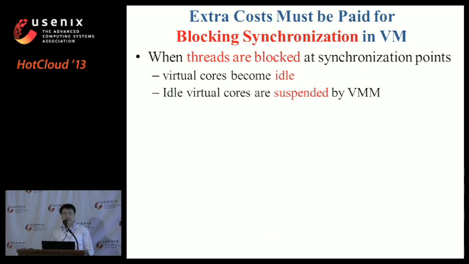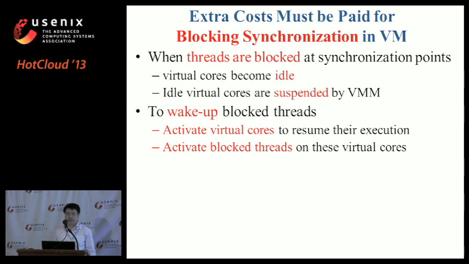When threads are blocked at a synchronization point, the virtual cores become idle. The idle virtual cores will be suspended by the virtual machine manager so that the physical cores can be allocated to other virtual cores or be put into a lower power mode to save energy.